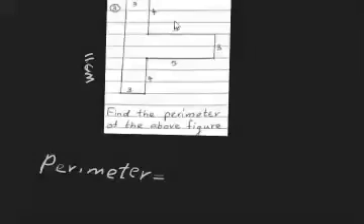Okay, perimeter. Start from one corner and take the values respectively. Don't take values here and there, then you will miss some values. So I start from here. I took 3. Then I took 4.